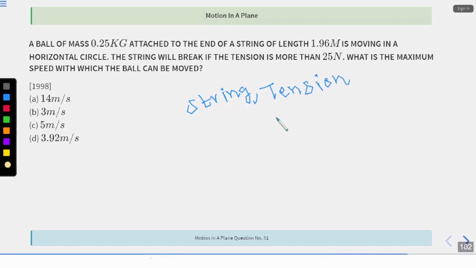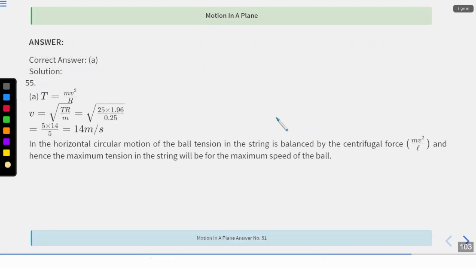We'll be doing it as T is equal to mv square by r because it is being whirled, right? And we can write that velocity is equal to root of Tr by m. So similarly, you can calculate it and then substituting the values, you'll get 14 meters per second.